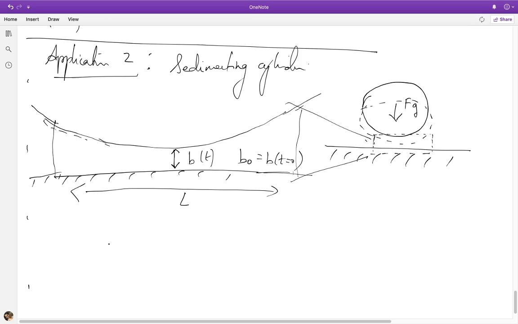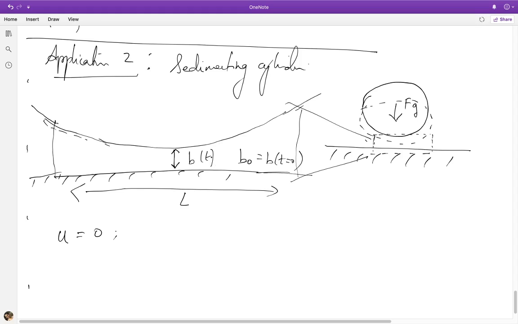So the first step here is we could start from the beginning and derive the equations, but we already have our lubrication equations. What we need to do is identify what the different terms are. In this case, the bottom plate is not moving, so U is just 0. The top plate does move, in fact, with the sedimenting velocity.